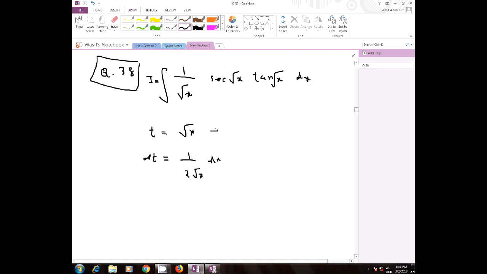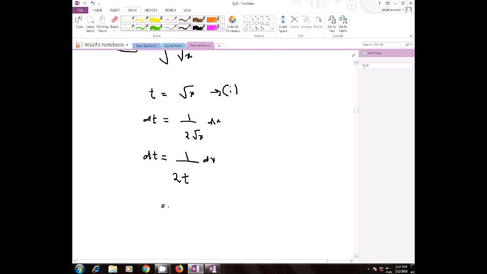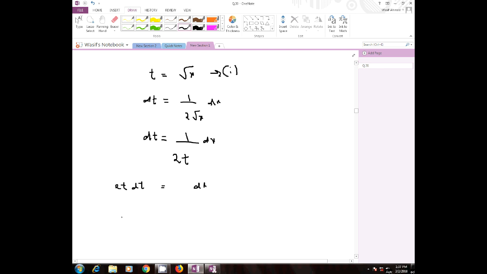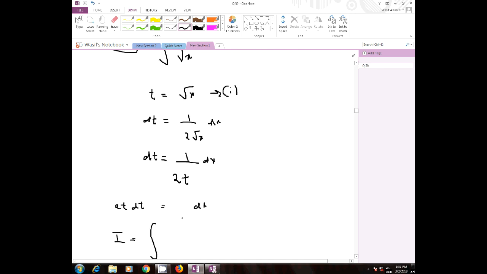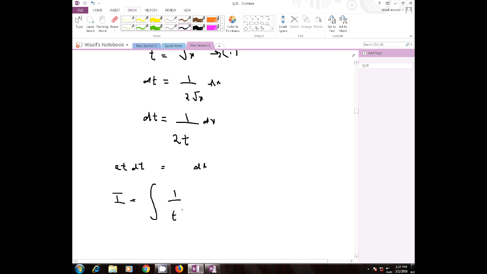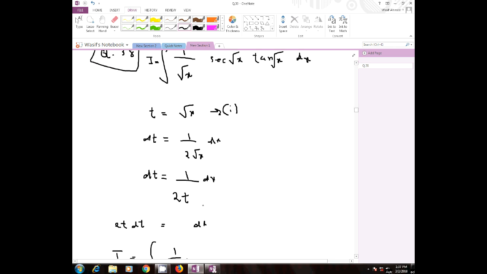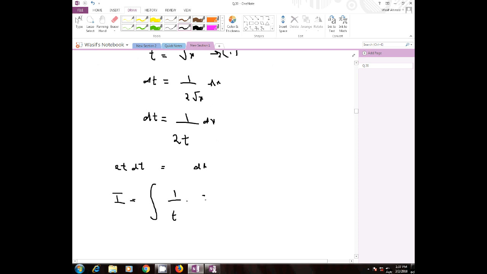Since square root x is equal to t, dt is equal to 1 by 2t dx, and this implies that dx is equal to 2t dt, so that your given integral becomes I is equal to integral of 1 divided by square root x, that is 1 divided by t, multiplied by secant square root x, tan square root x.